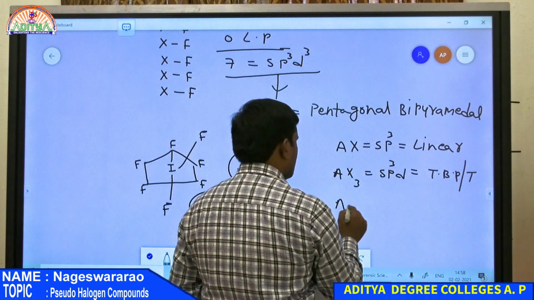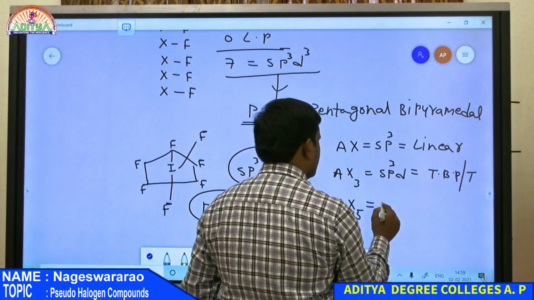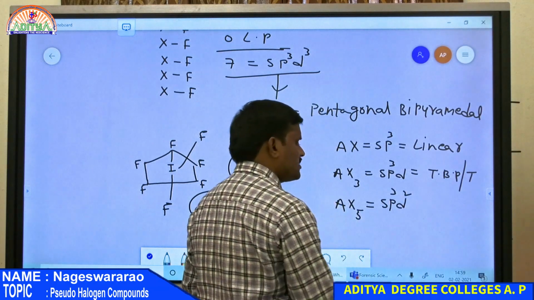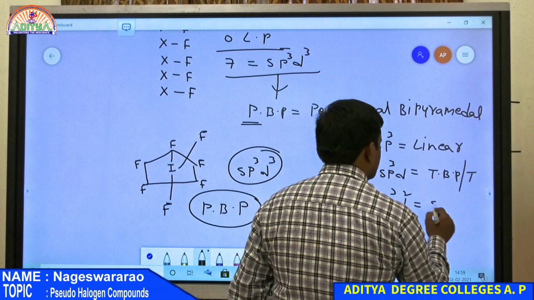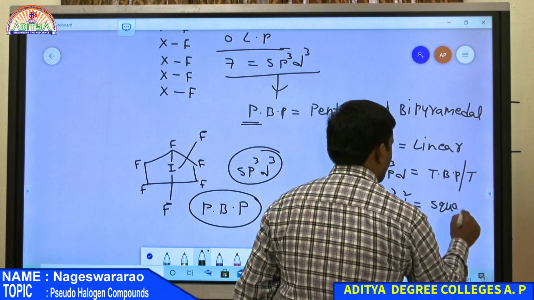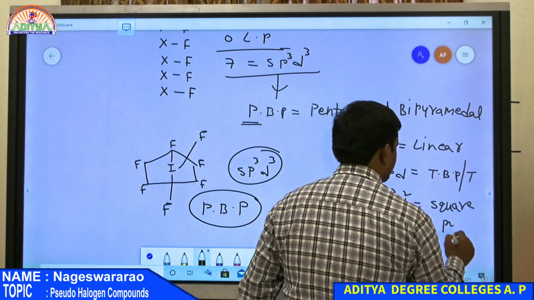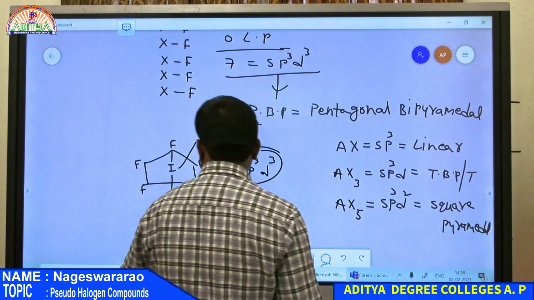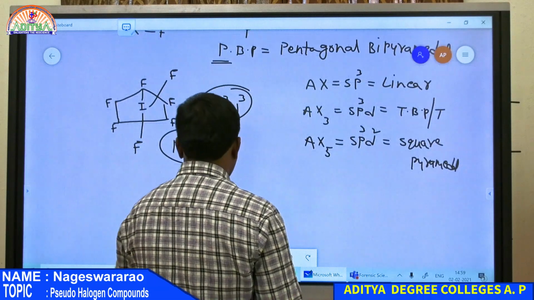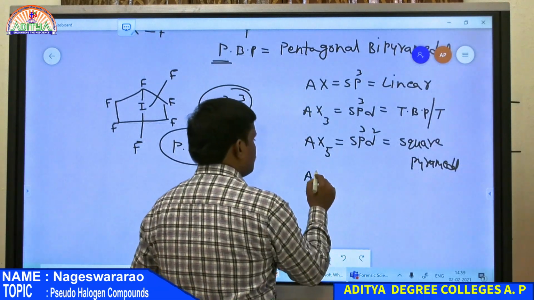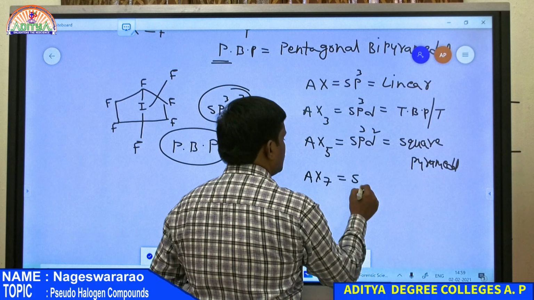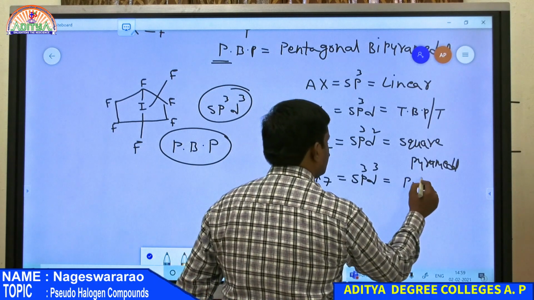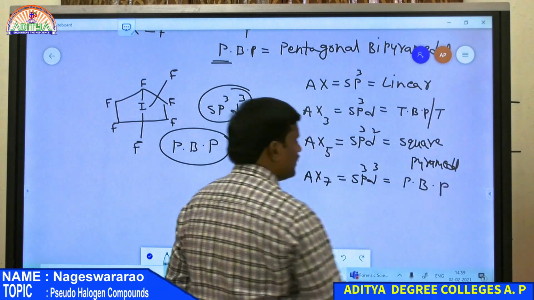The third one is AX5: here the central atom undergoes sp3d2 hybridization and the geometry is square pyramidal. And finally the last one, AX7: here the central atom undergoes sp3d3 hybridization and the geometry is pentagonal bipyramidal.